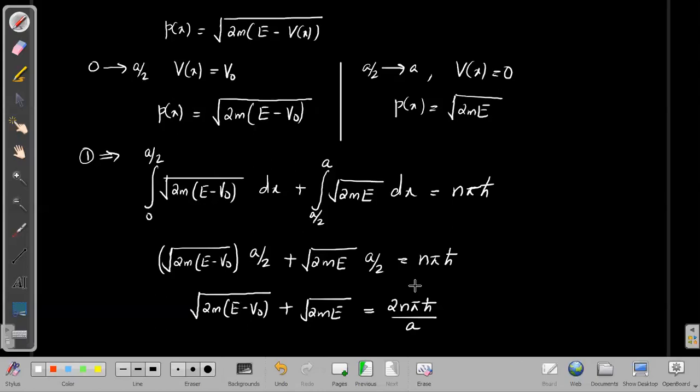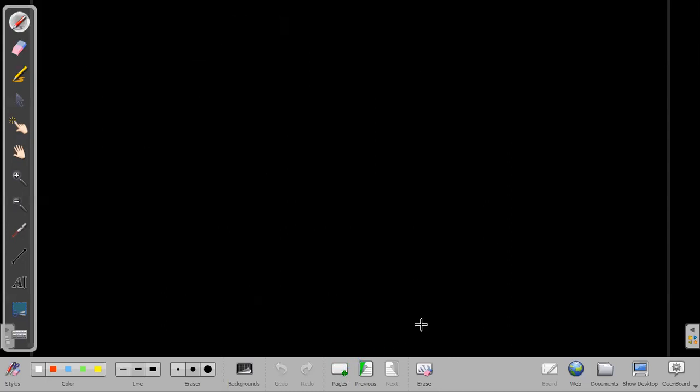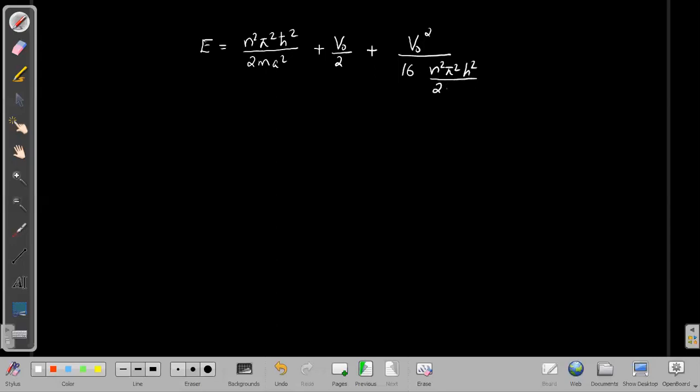So the final answer will take the form, if you do it very carefully: the energy will be equal to n squared pi squared h bar squared divided by 2m a squared, plus V0 by 2, plus V0 squared divided by 16 times n squared pi squared h bar squared divided by 2m a squared.